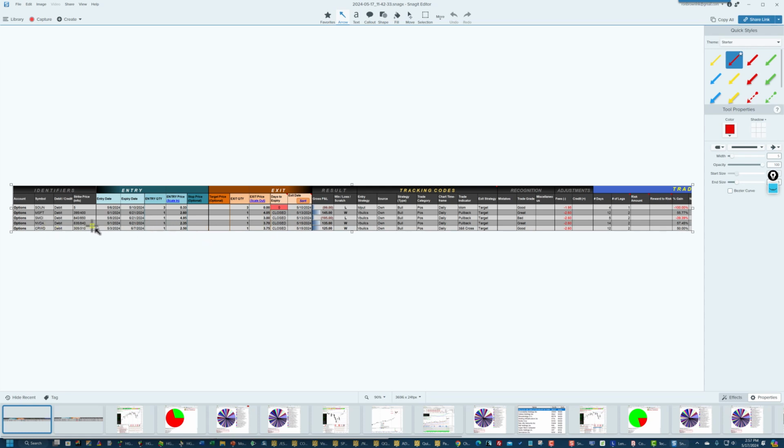So the next one is NVIDIA. This one I got in on the 1st also, and it cost me $235, so I got a good price on that. Got out at $370, $135 profit, and it was a 57.45% gain for 14 days.